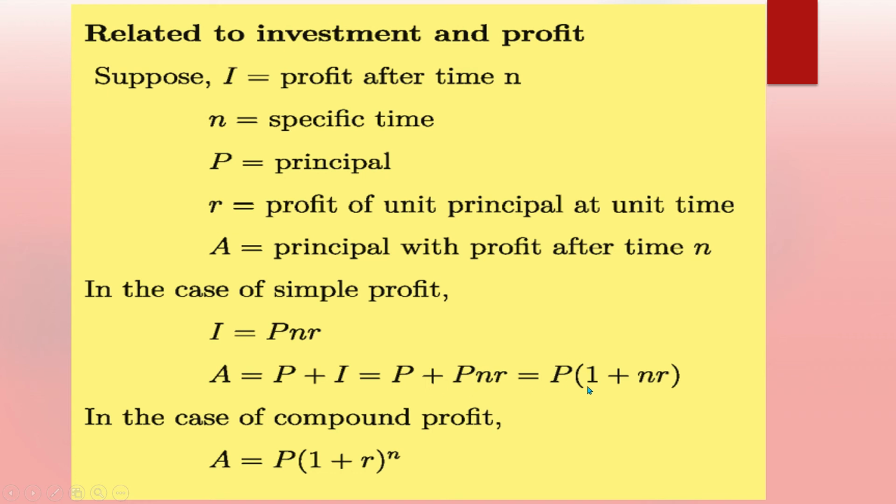After taking P common, it will be P into 1 plus NR. And in the case of compound profit, A, or we can use C, equals P into 1 plus R to the power N. That type of formula we had already discussed in class 8. Okay.